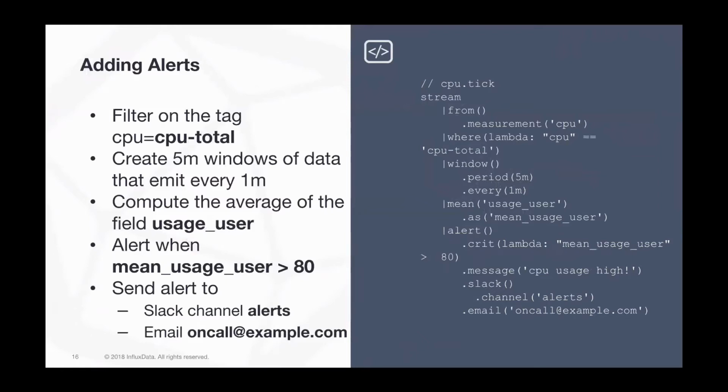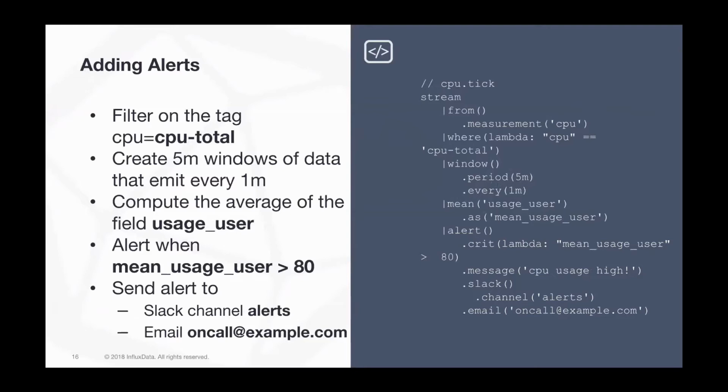It's still filtering by that cpu-total tag, still creating those windows of data and calculating the usage_user average. But now what we're also adding is this alert method, where we've added another lambda expression where if that mean of usage_user goes over that threshold, goes over 80, then anytime that happens, you'll be sending an alert.